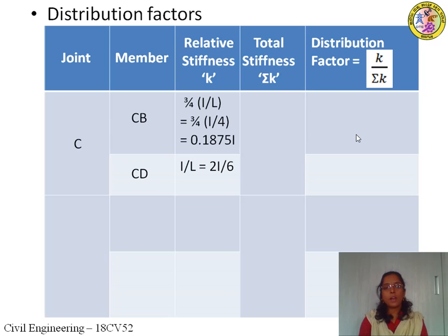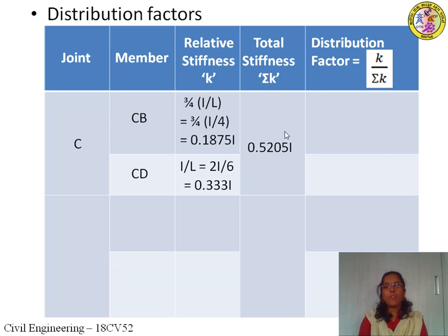That will be equal to 0.333 I. So the total stiffness is the summation of 0.1875 I plus 0.333 I, which is equal to 0.5205 I.